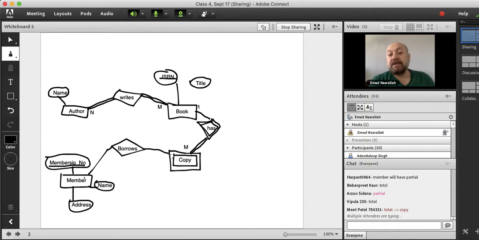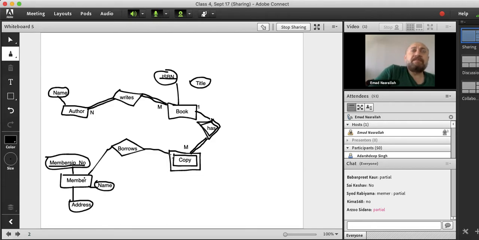From the member side, are all members here borrowing books or borrowing copies of the book? It depends. It depends. Maybe the member of the library is not borrowing books, just coming to the library and reading the book, then leaving.